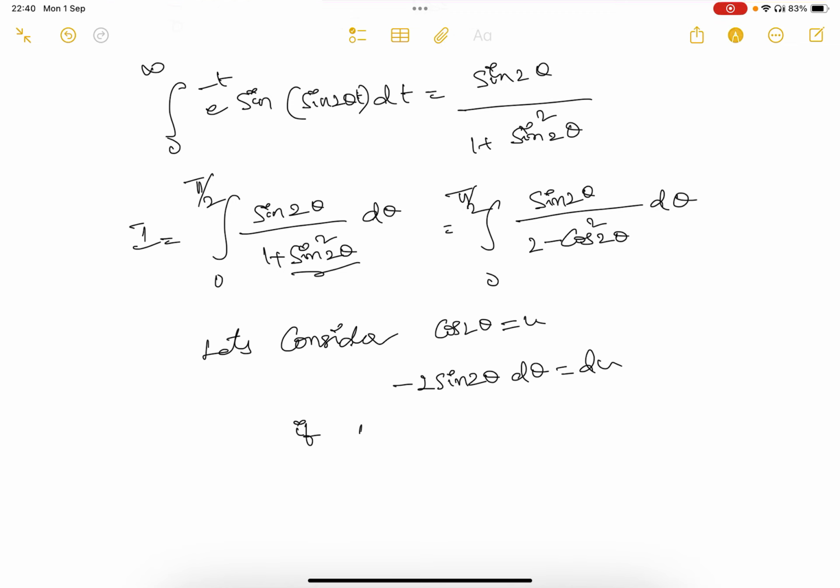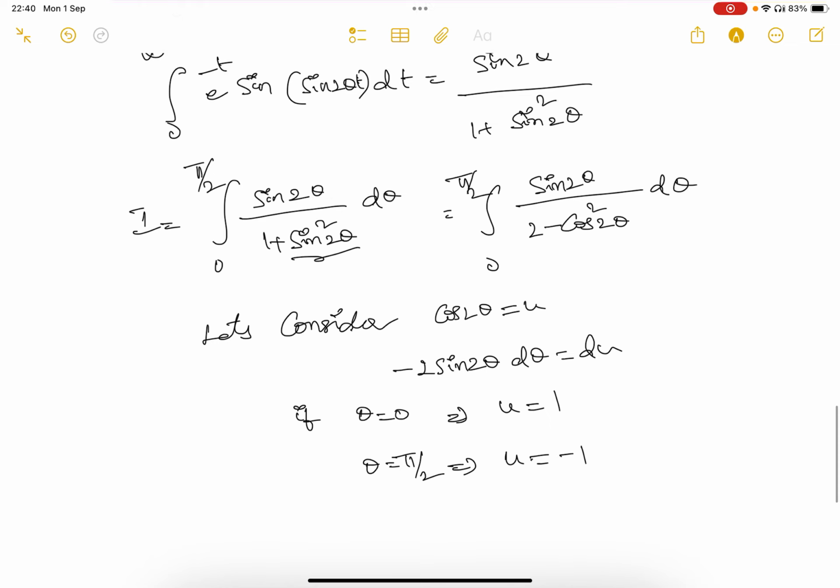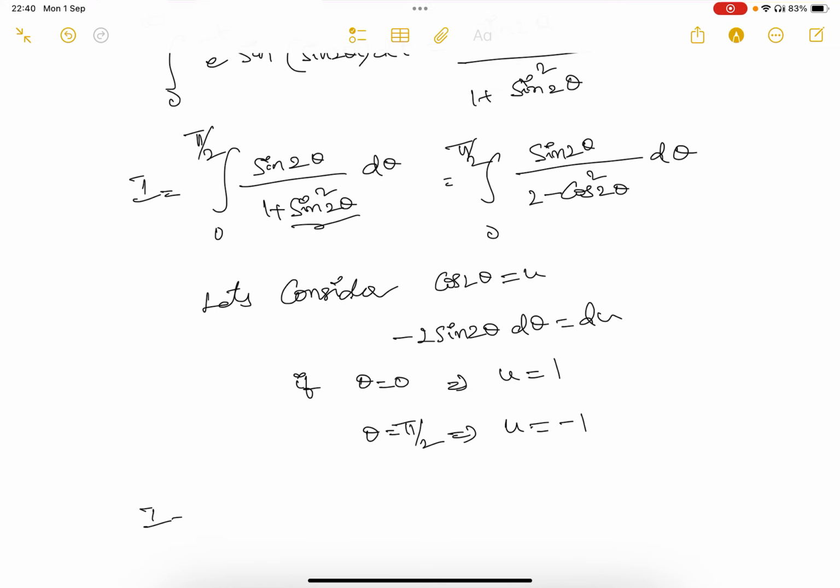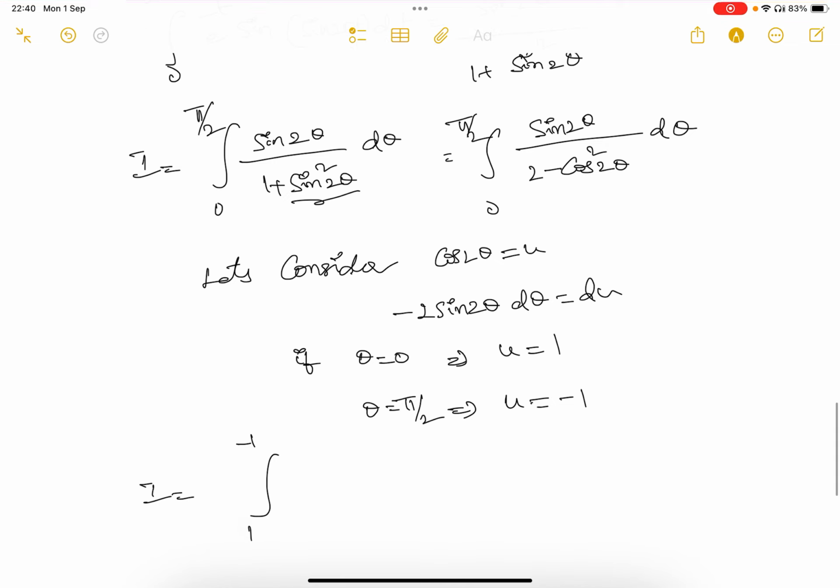If theta equals 0, that means u will be 1. If theta equals pi by 2, this will be cos 180, which is u equal to minus 1. Then I will be integral 1 to minus 1, sine 2 theta d theta is minus half du by 2 minus u square.